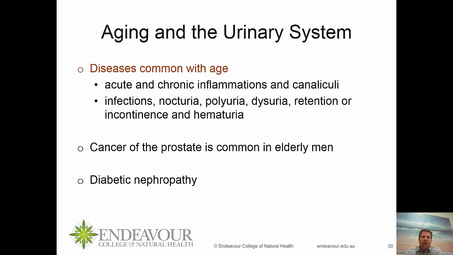One of the diseases that are common in the urinary system is renal calculi, which are basically kidney stones. Kidney stones are a very common thing that happens within the kidneys or the ureters.